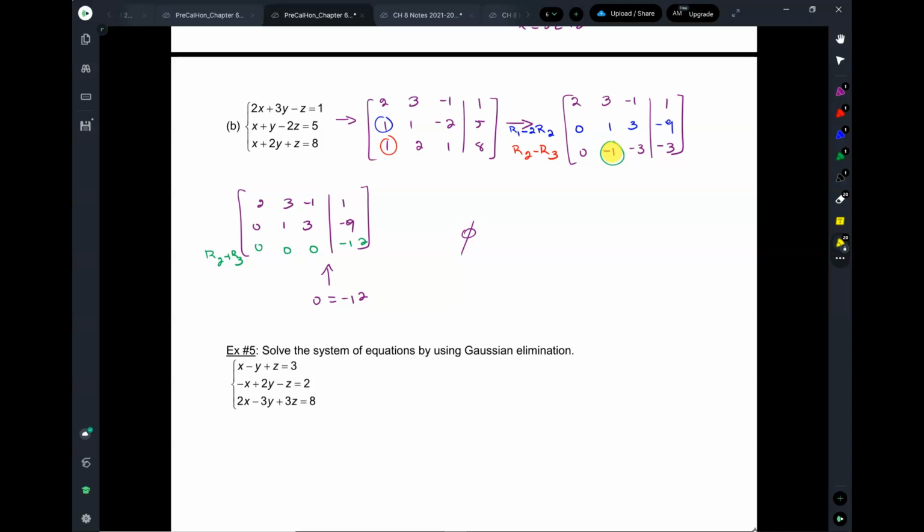But when you combine this last row, row 3, with row 1 at this step, what happens to that first element over there? It's not 0 anymore. So when I combine those two to get rid of that highlighted -1, what am I going to do? Suppose I'm going to multiply row 3 by 3 and add it.